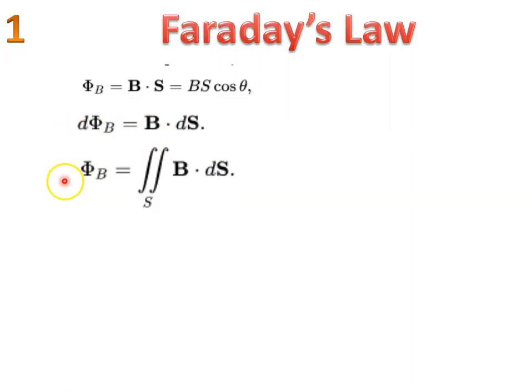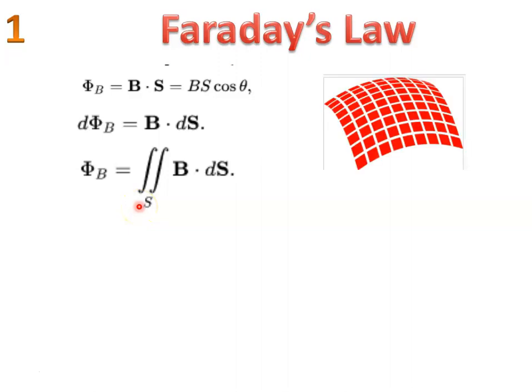Now if you would like to find the complete flux cutting the given surface, then you have to integrate. Integration of d phi will be phi, and integration of B bar dot ds bar is to be performed on the surface, and the surface has 2 dimensions normally, which are here accounted through double integration.